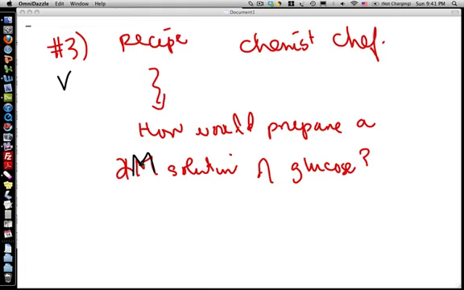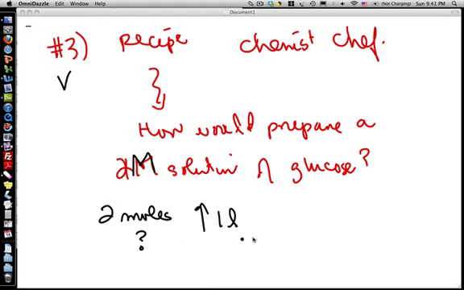And so the answer is, well, you'd need to get 2 moles and then dissolve that into a volume of 1 liter. And so then the question is, how many moles are there? And you can't count them because the size of the molecule is really small.